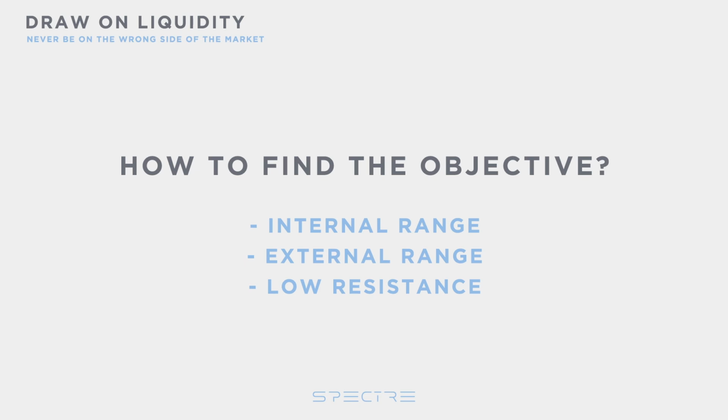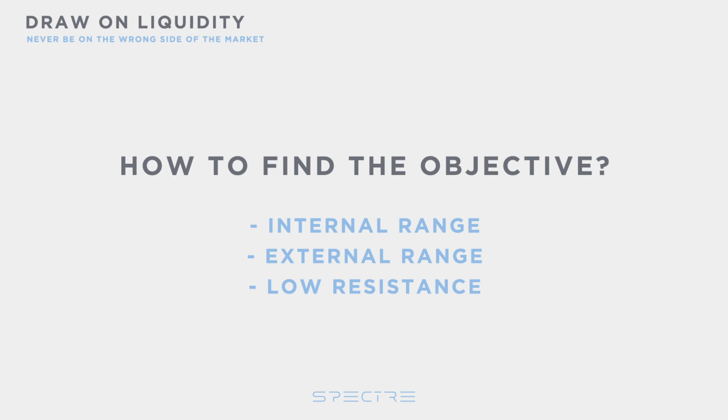Okay, great. Now that we understand which side of the market price is moving towards, we need to find our objective. There are two types of objectives, either internal range liquidity or external range liquidity. And the confluence we are going to be looking for is low resistance liquidity. Low resistance liquidity is an area in which price should slice through with ease.